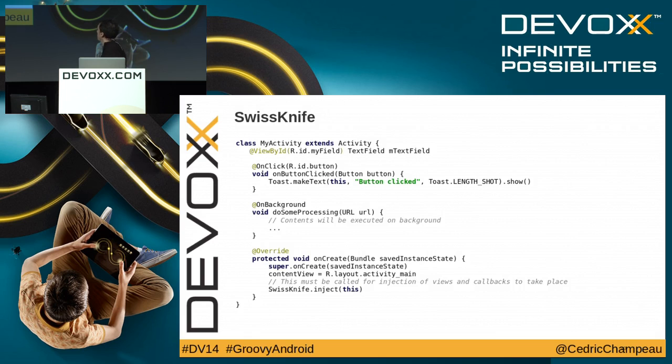The only thing that you still have to do, but this could be added automatically by the Groovy compiler, is to call inject, to perform the injection of fields. So with a single line, you replace all the casts and all the find view by ID calls that you had. I think it's pretty cool to have that.